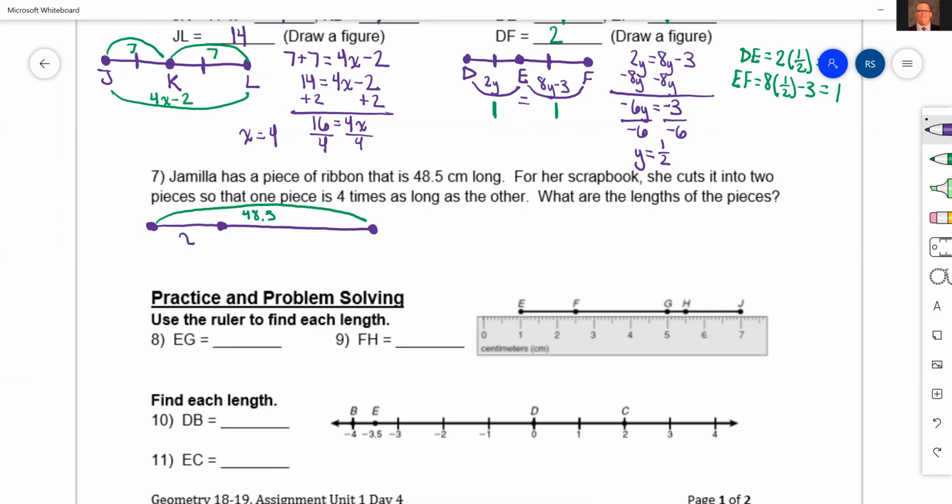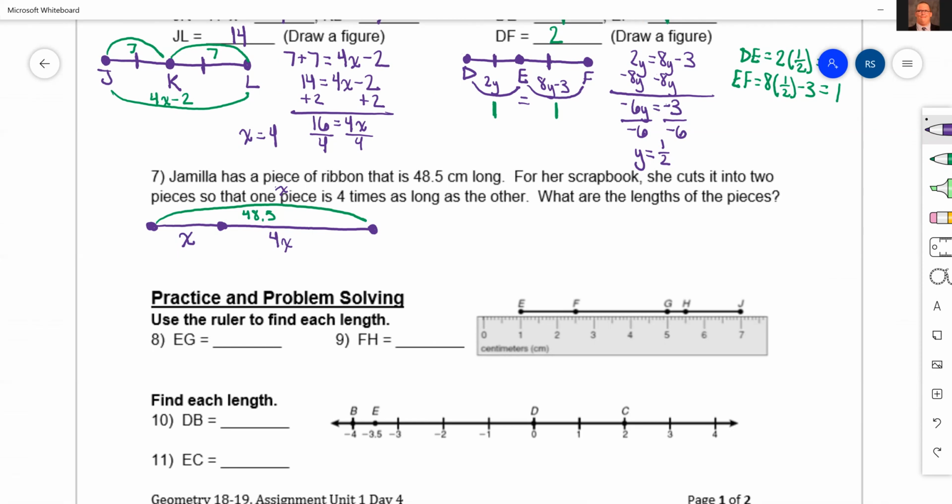So if one piece is X, let's say X is the one piece. What's the other have to be? To be 4 times as long. 4x. So it asks us, what are the lengths of the pieces?